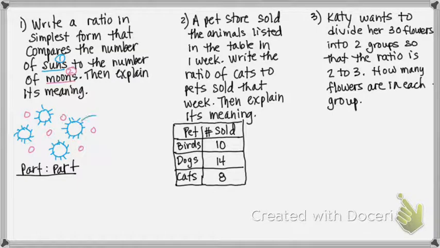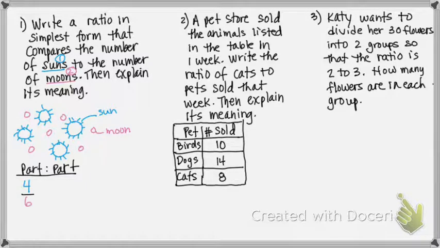I'll label: sun, moon. We did suns first, so we're going to put the suns number first. So we have 1, 2, 3, 4 suns compared to 1, 2, 3, 4, 5, 6 moons.